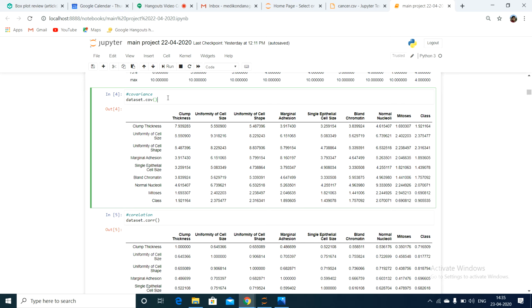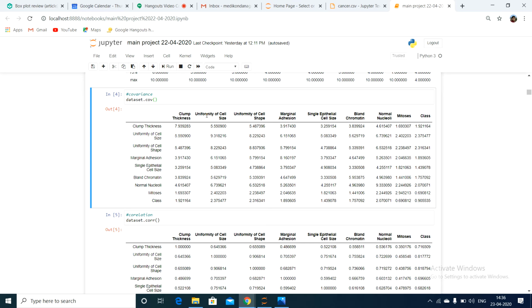I will tell you the difference between covariance and correlation also. First you can see here uniformity of cells. Here it represents the relationship between clump thickness and uniformity of cells. This is also one type of descriptive statistics, finding the relationship between two columns.